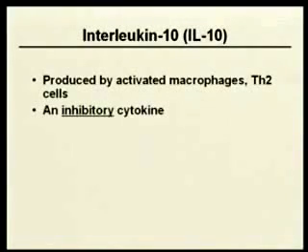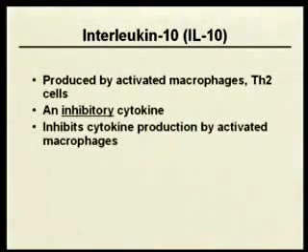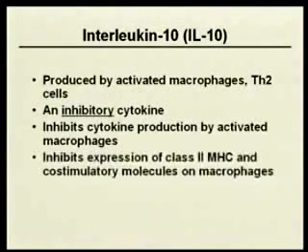Again, this is one example of an inhibitory cytokine. It can inhibit cytokine production by activating macrophage. It can inhibit expression of class 2 MHC and various co-stimulatory molecules. So one of the main functions of interleukin 10 is to downregulate the immune response.